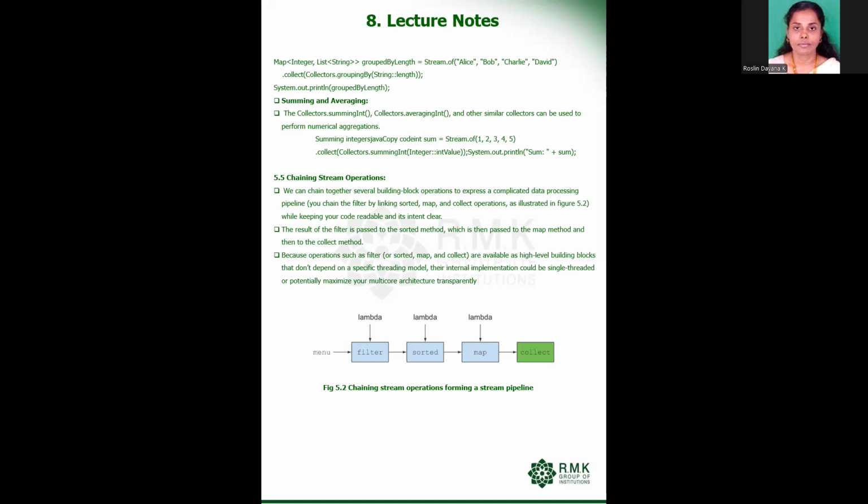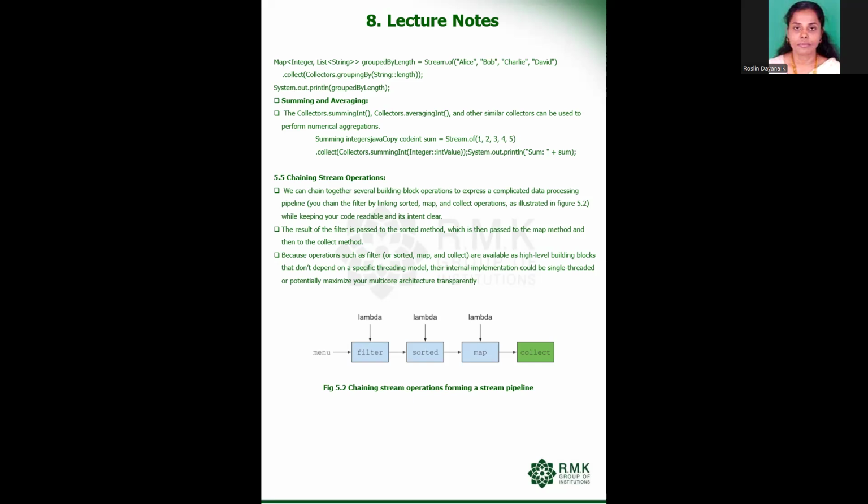Value names: Stream dot of four stream values are created here. Alice, Bob, Charlie, David, and from that we are collecting the values based on their length. So map of Integer value and List value. The Integer value will be the grouping value, and the list is the set of names that we are using.